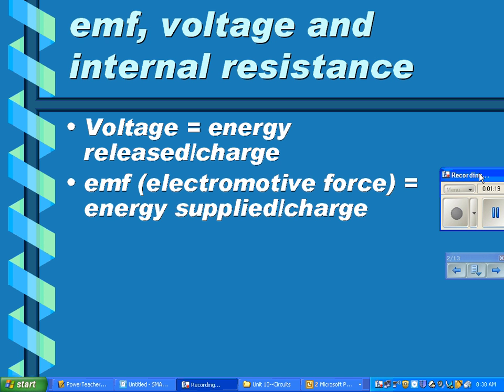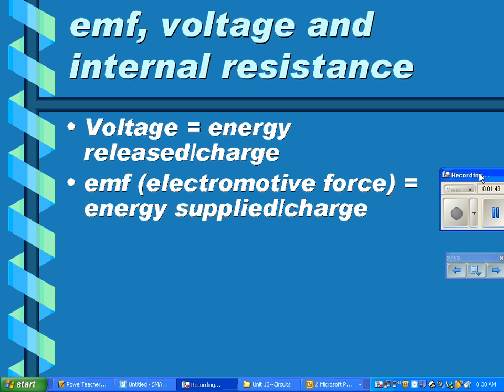The battery generates 9 volts of EMF. So when we talk about EMF, we're talking about electromotive force, and basically it's the amount of energy created per unit charge, or the amount of work done per unit charge that's created inside of the battery or inside of the generator. So EMF and voltage really are the same thing. We just use the word voltage when it's used and EMF when it's created.